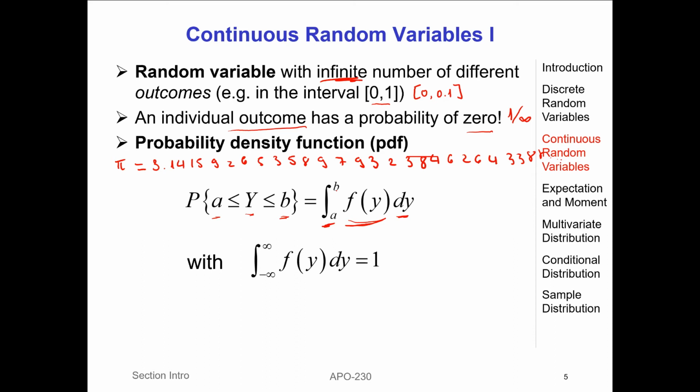And when you integrate this function f(y) over the entire range from negative infinity to positive infinity, then the total area is 1. So let me draw it a bit here quickly.